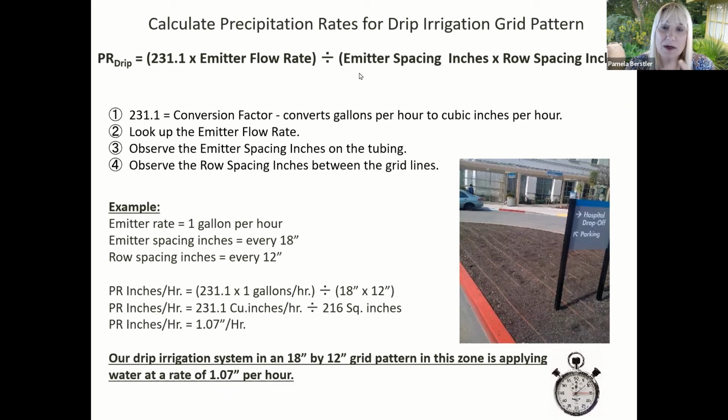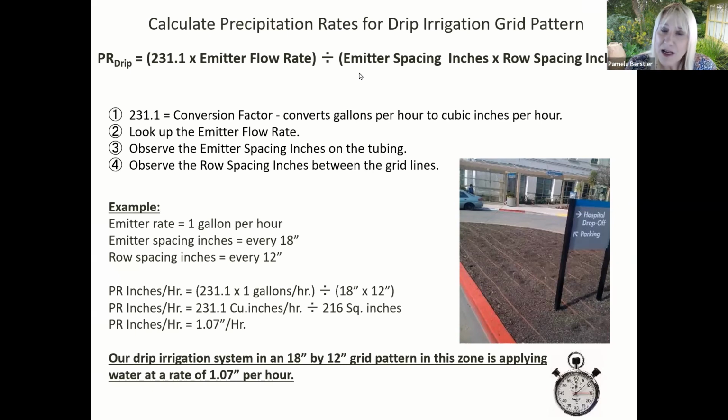And then you want to observe the spacing of the emitters on the line. So that would be every 12 inches, every 18 inches, or maybe every 24 inches. That's where the emitters are embedded in the line. And then finally, you want to observe the distance between the tubing for the grid. So this is called the row spacing, and in inches.